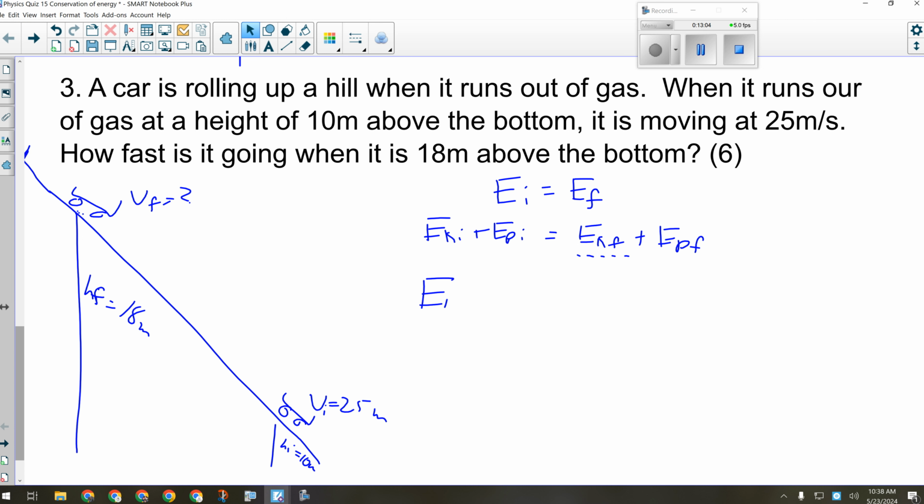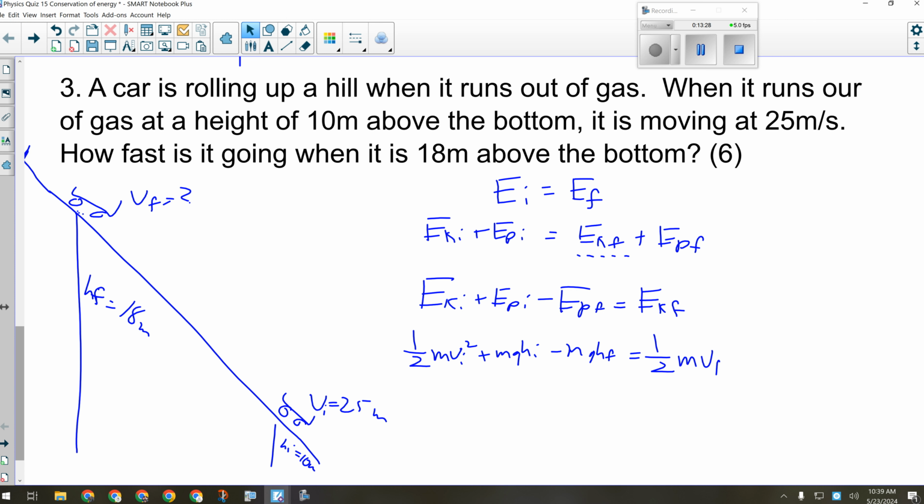All right, so I'll have kinetic initial plus potential initial minus potential final equals kinetic final. All right, now I can put in my numbers, or sorry, my formulas. 1/2 mv initial squared plus mgh initial minus mgh final equals 1/2 mv final squared. M's all cancel. Okay, we don't require any of those.